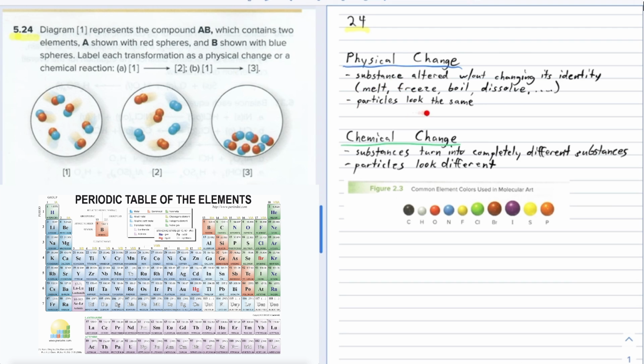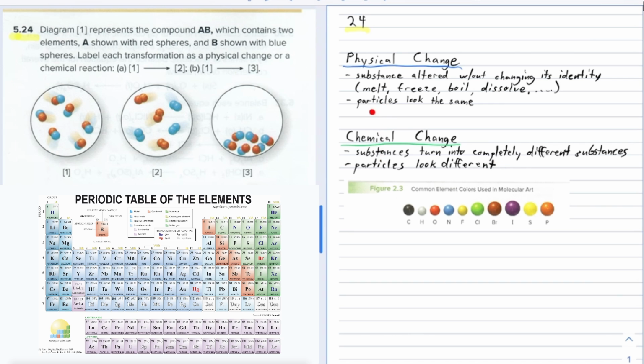And the particles themselves look the same before and after. Chemical changes, on the other hand, occur when the substances turn into completely different substances, and the particles look very different before and after the change.